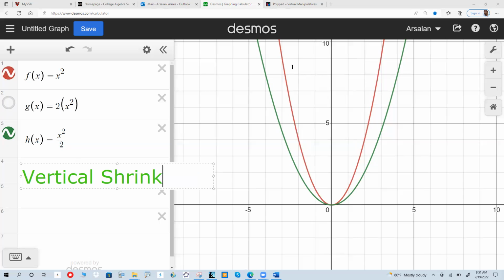Why, guys? Take a look. If the value is 4 on the red curve, its corresponding value is half, 2. So it's called a vertical shrink by a factor of 2. When you divide a curve by a solid number, like 2, 3, 4, it's going to be a shrinkage.